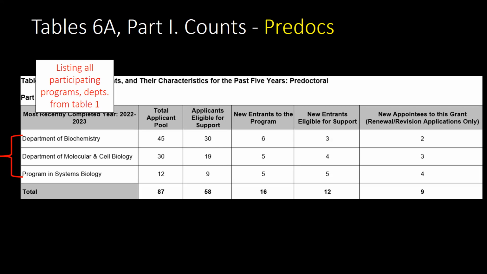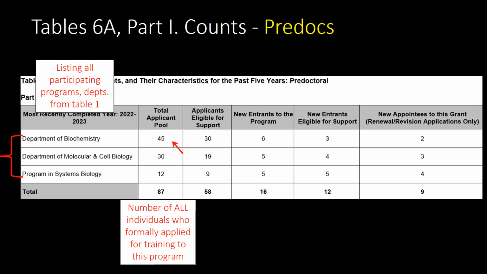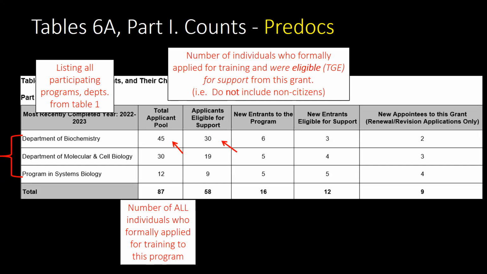So you give them those departmental numbers in table 1, and here it's asking, okay, in the Department of Biochemistry, we've had the total applicant pool, and these numbers are very low, obviously, but it's the number of all the individuals who formally applied to the program. So if they're just putting in a graduate application, they're only getting 45 applications per year, which usually it's probably, I would say, 1,000, but this is just for example purposes.